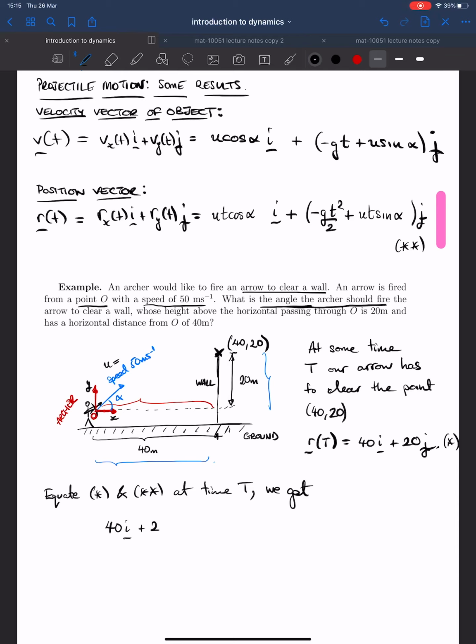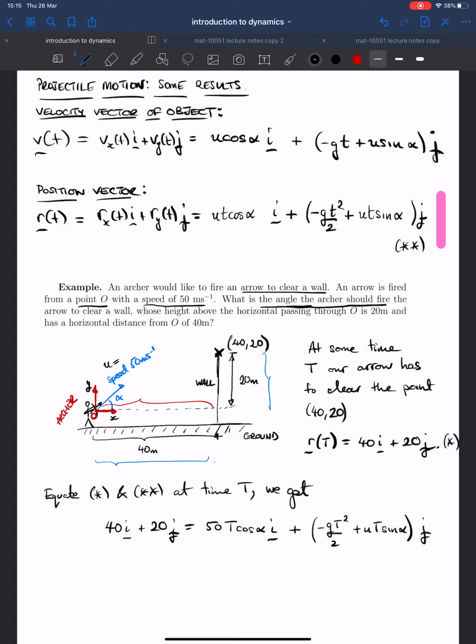So 40i plus 20j is equal to, now I'm going to sub in what we know. So u is 50, capital T, cos of the unknown angle, times i, and then plus minus g T squared over 2 plus u capital T sine alpha unknown, times j.